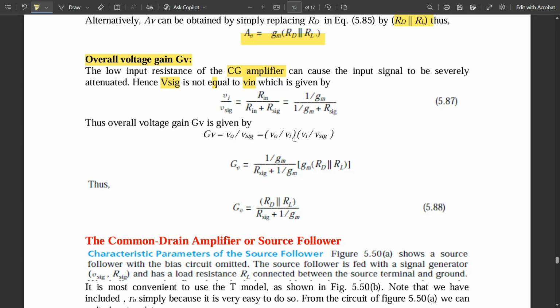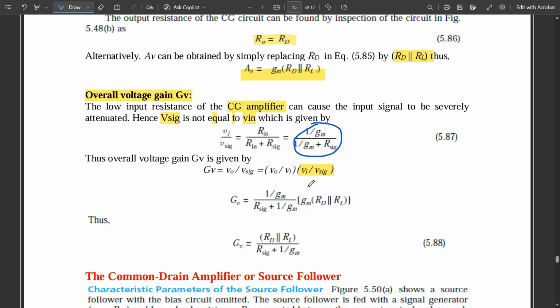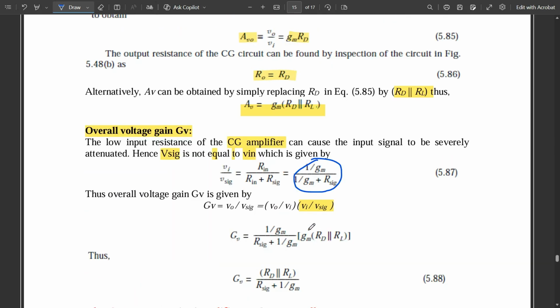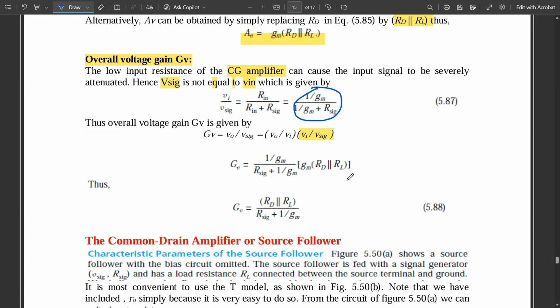So thus the overall voltage gain Gv is equal to Vout by Vsig, that is equal to Vout by Vi into Vi by Vsig. So I'm just multiplying and dividing by Vi. When we do that, we introduce this term which we have defined just now. So here we have Vi by Vsig, so just replace it by this term, that is 1 by gm divided by 1 by gm plus Rsig. And Vout by Vi can also be replaced by the voltage gain Av, and Av is given by gm into RD parallel to RL.